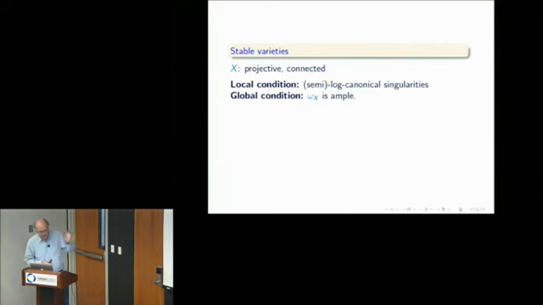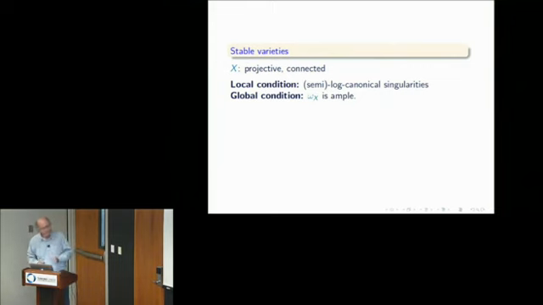The only reason that the semi is there is that people who defined log canonical singularities originally were always thinking about normal varieties. So by this definition, a node of a curve cannot be log canonical. But if you look at this definition for non-normal varieties, everything goes through, but it's called semi-log canonical when you allow some non-normality. And then there's the global condition that omega X should be ample.